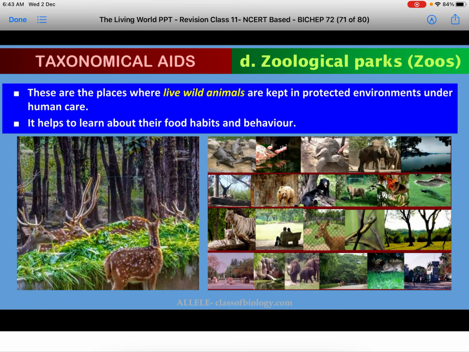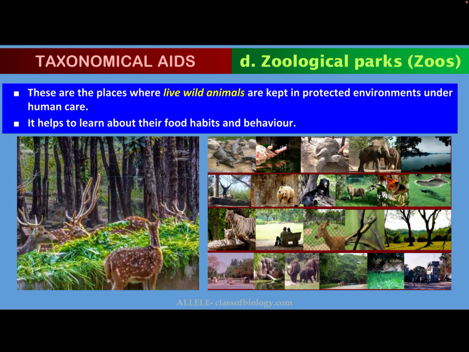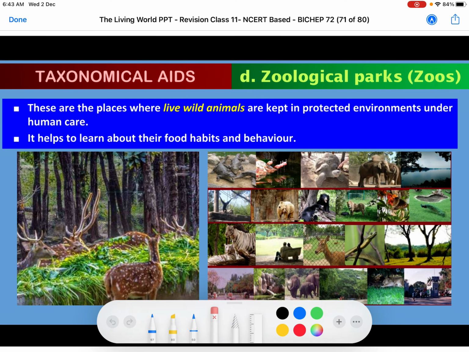Now if I talk about the zoological park, it is the place where you can keep animals in a living condition. Live wild animals are kept in a particular region, a particular place, which is called a zoological park or zoo.